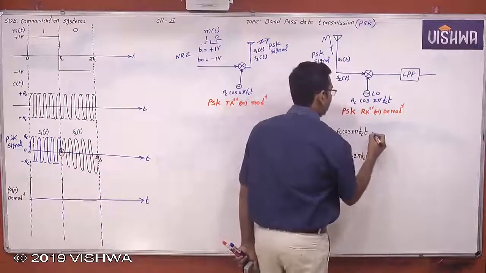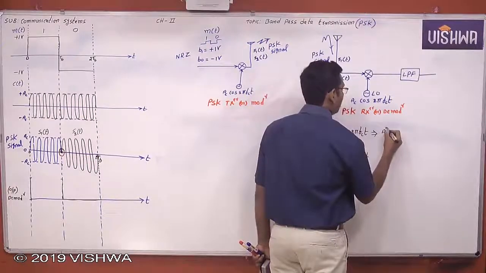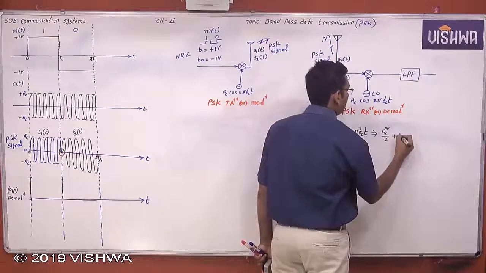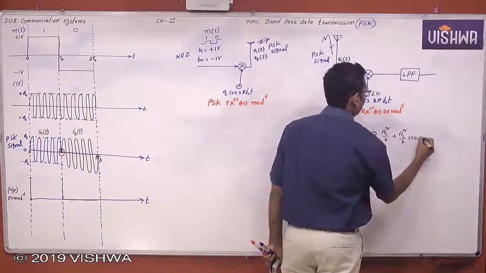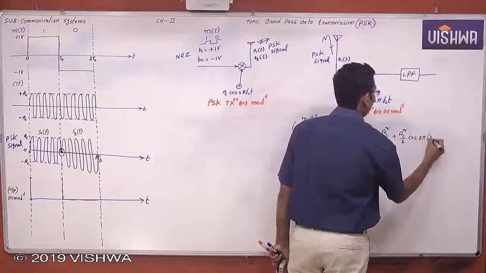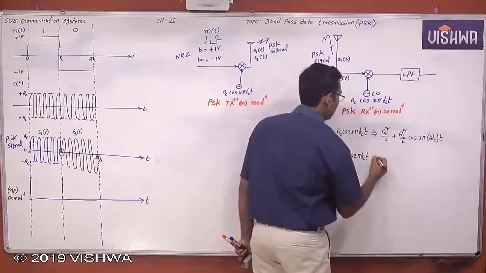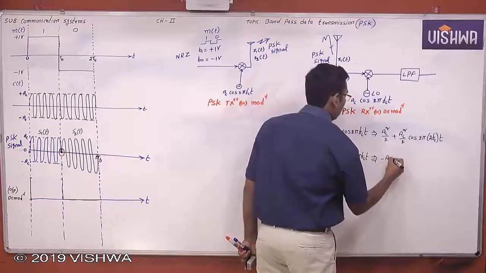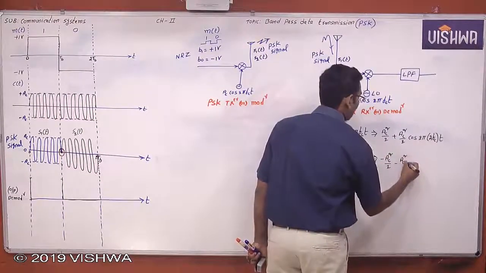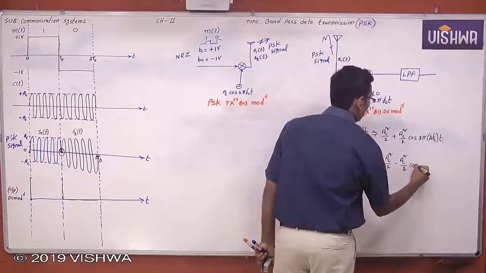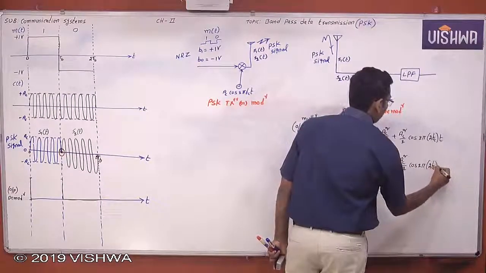So what are the final answers here? Ac square by 2 plus Ac square by 2 into cos 2 pi into 2fc into t. And here, minus Ac square by 2 minus Ac square by 2 into cos 2 pi into 2fc into t.